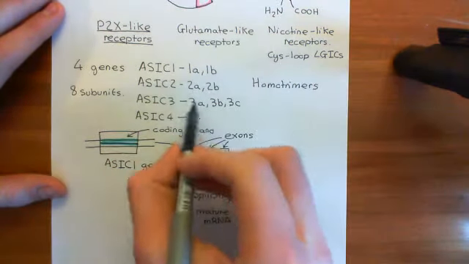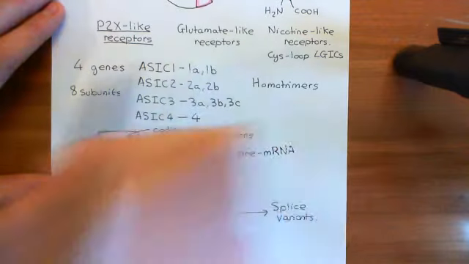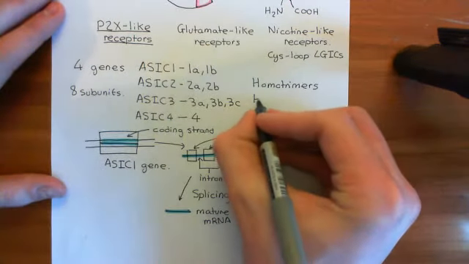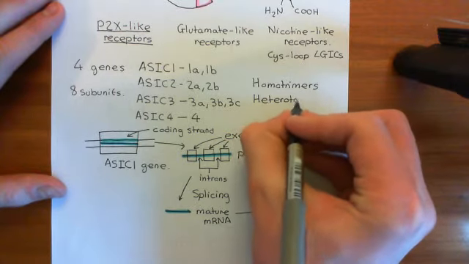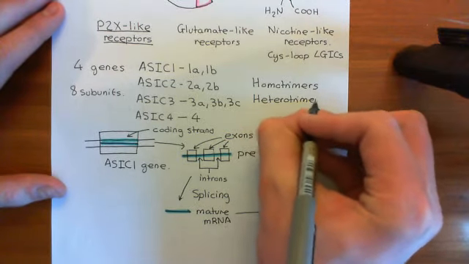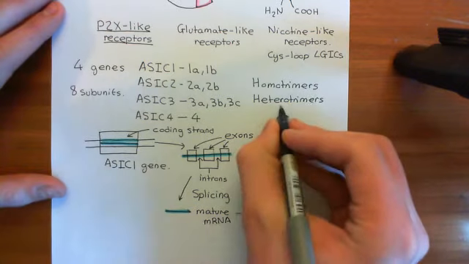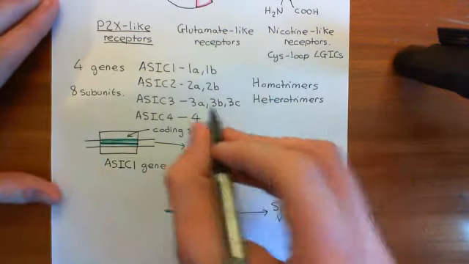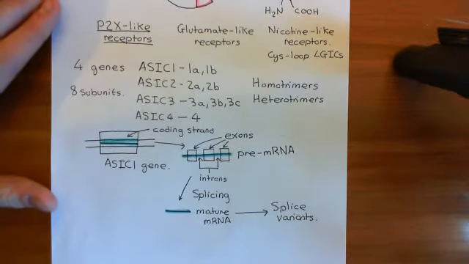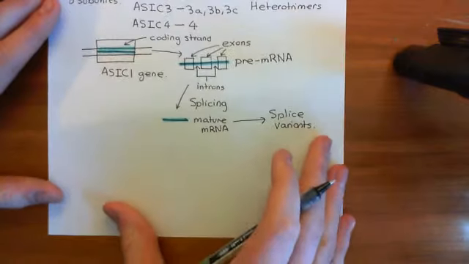So whichever particular one of these 8 subunits you use. You can also, however, make heterotrimers, in which you mix and match, basically. So you use multiple different types of ASIC subunits when you're producing your trimer. So there are homotrimers and heterotrimers.